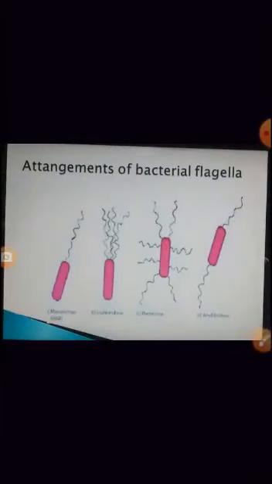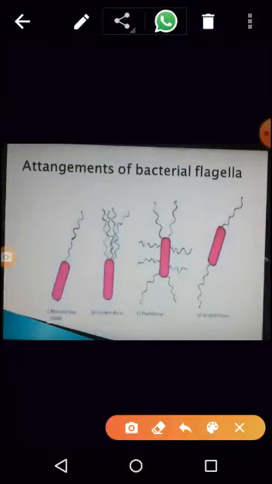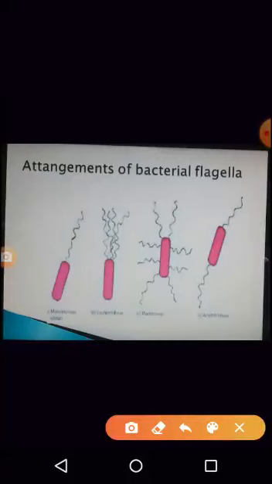Now there are different bacteria with different arrangements of flagella. They can be named based on the type of bacteria, the number of flagella and the arrangement of flagella. Let us see each one. If the bacteria do not have flagella, or they are non-motile, those bacteria are called atrichous.